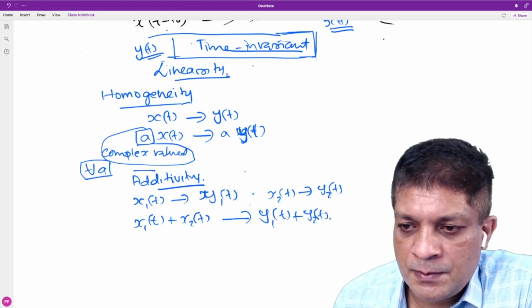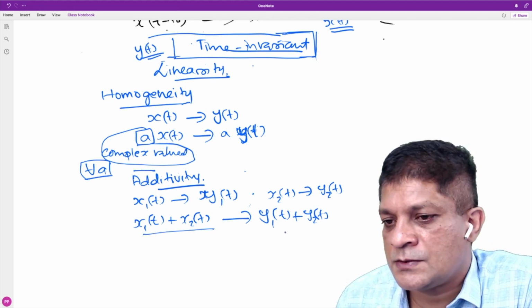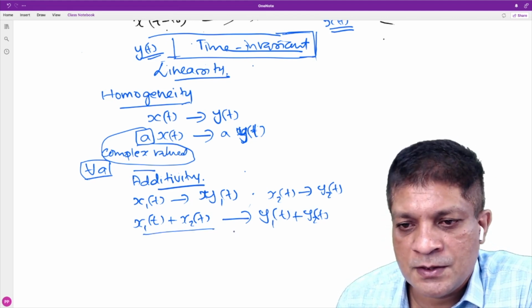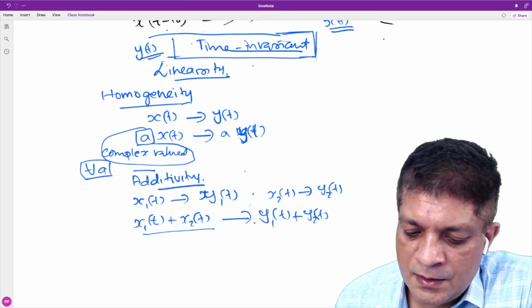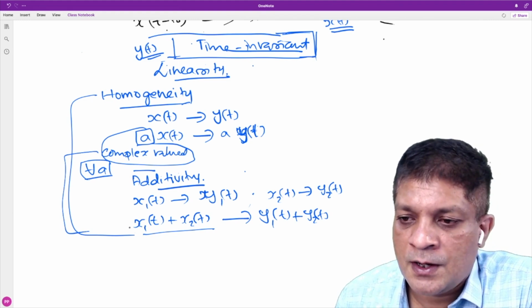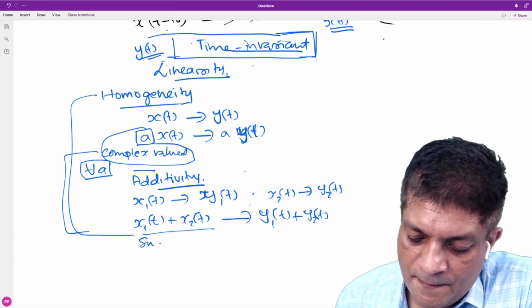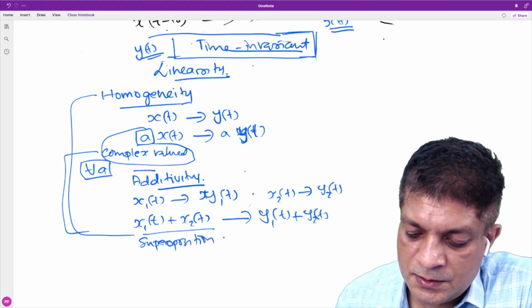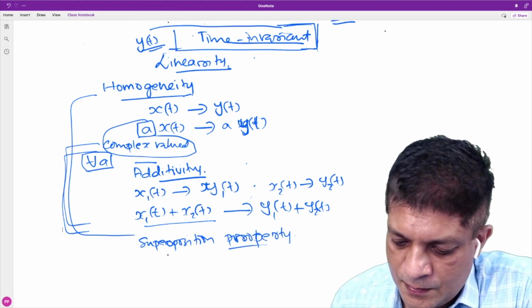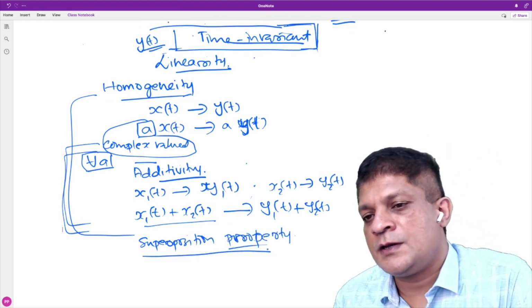This is the additivity property. If a system satisfies this condition, then we can say that the system is additive. These two properties together, homogeneity and additivity, are known as the superposition property. Now let us consider some examples of linear systems.